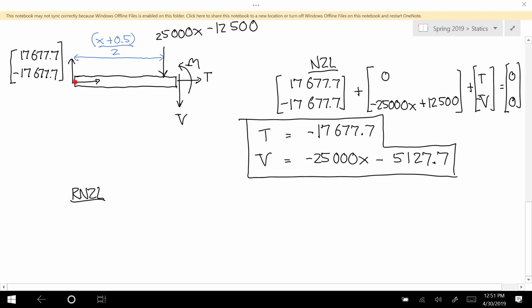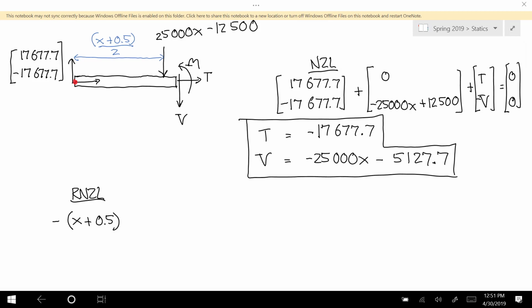So the moments, we have a force of 25,000x minus 12,500 times that moment arm. And would that make it rotate clockwise or counterclockwise? Clockwise, so it's negative, so negative x plus 0.5. Tell me if you don't follow this, but I'm multiplying these two things together.